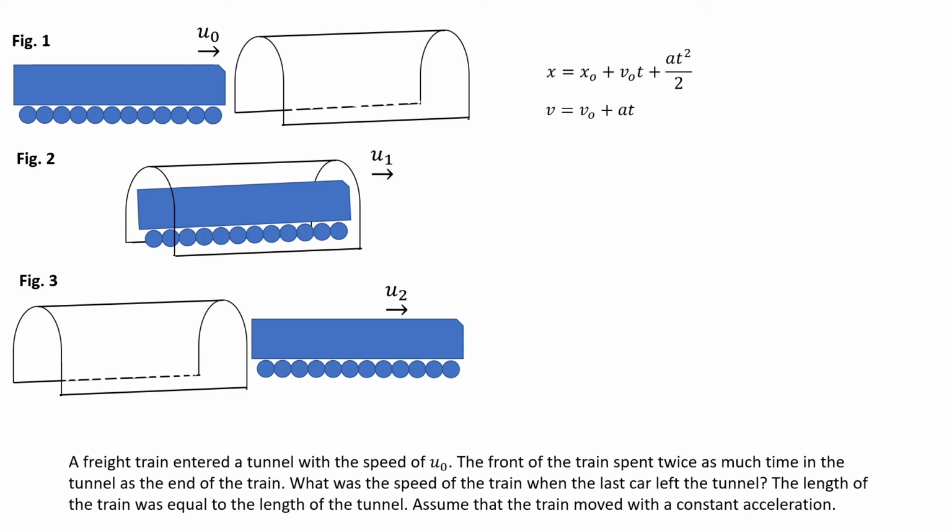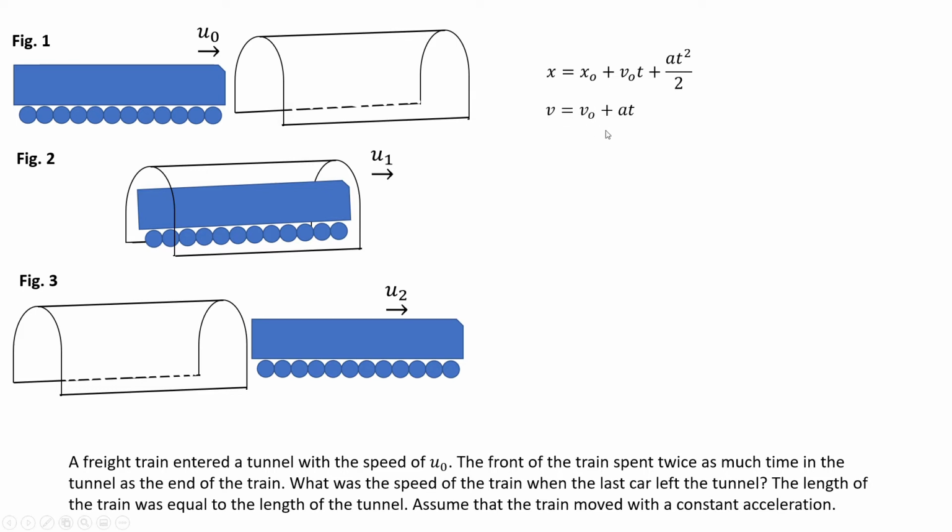From the first equation for coordinate x, you'll see if time t equals 0, x is going to be equal to x naught. So that is the initial position, or the position of an object at time t equals 0. If we put t equals 0 in the second equation, we find that v equals v naught.